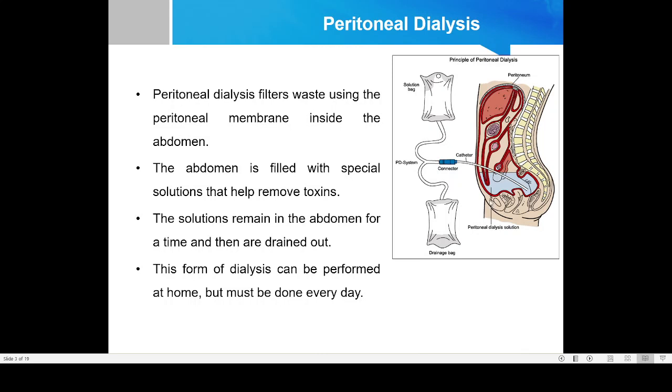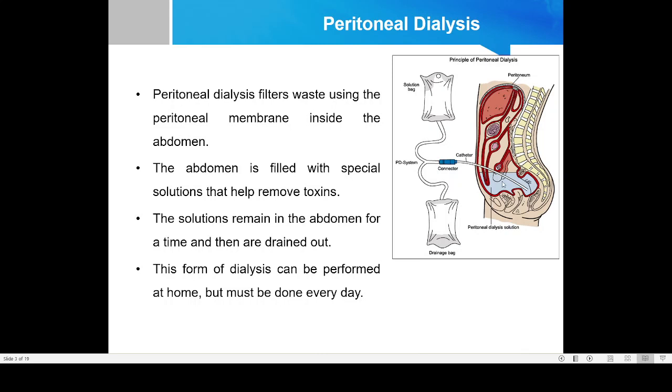During the time when the solution is kept inside the abdomen, that solution will be a hypertonic solution, so it has a higher concentration, and that will be taking whatever waste materials are normally present in your body into the solution.